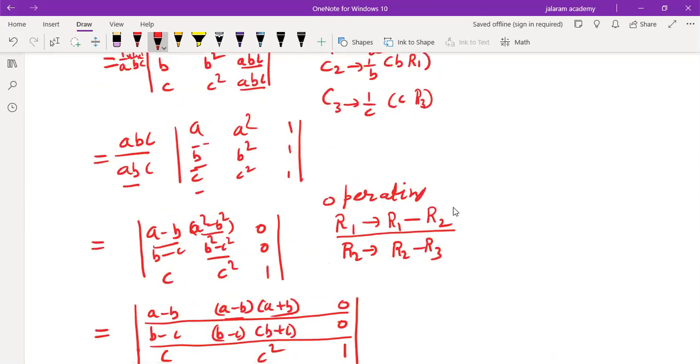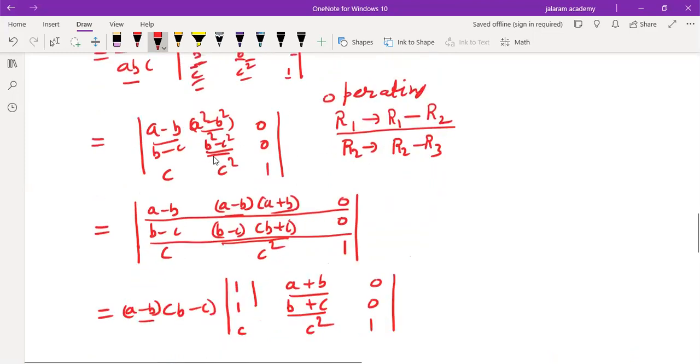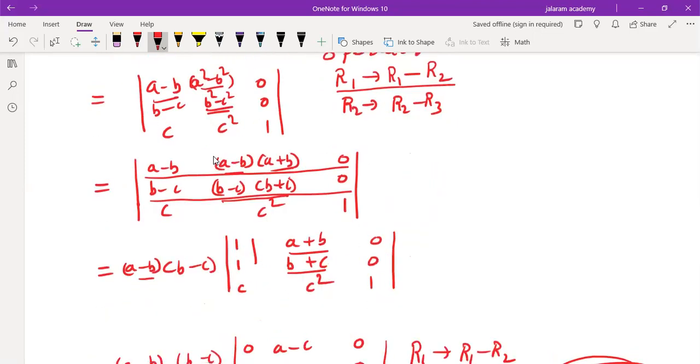Similarly for the second row, B minus C, B square minus C square, 1 minus 1 is 0. B square minus C square can be factorized to give (B minus C) into (B plus C). So B minus C is common from the second row. So it is 1 1 again, A plus B, B plus C, 0 0.